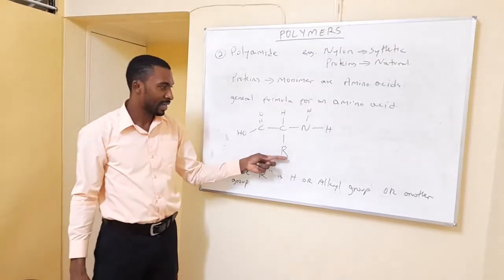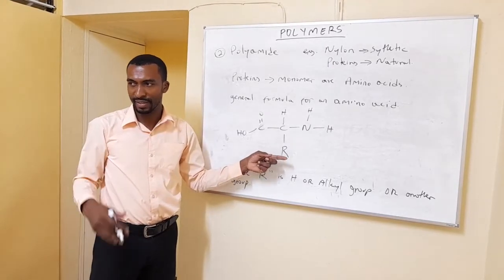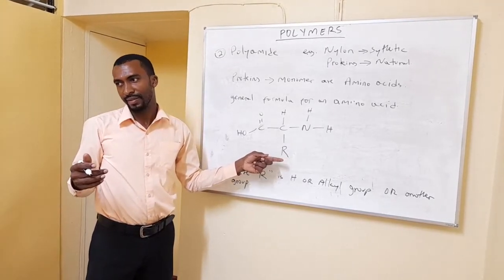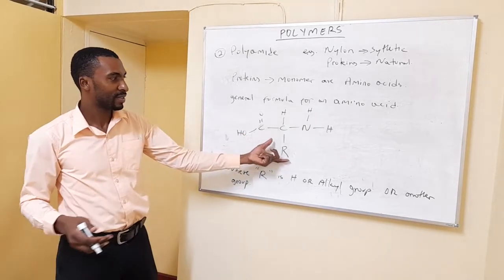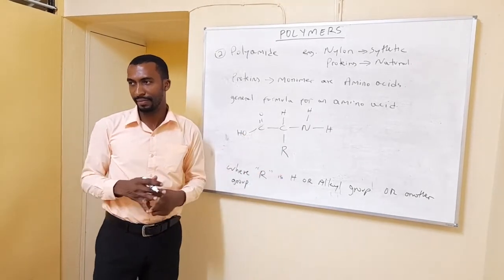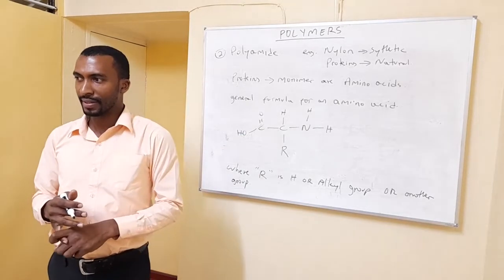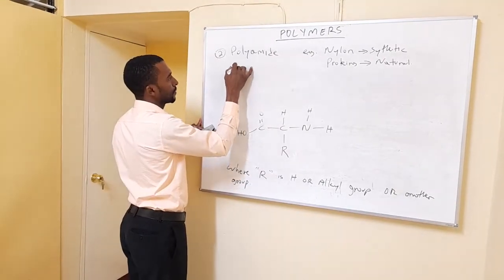So this R can be hydrogen, it can be CH3, it can be CH2CH2CH3, etc. And all this will give the different names of the different amino acids.